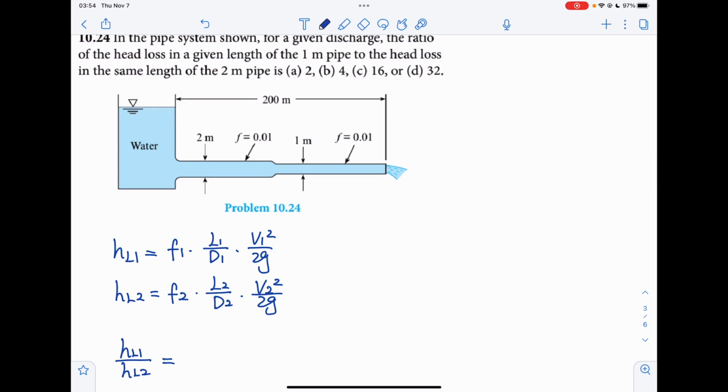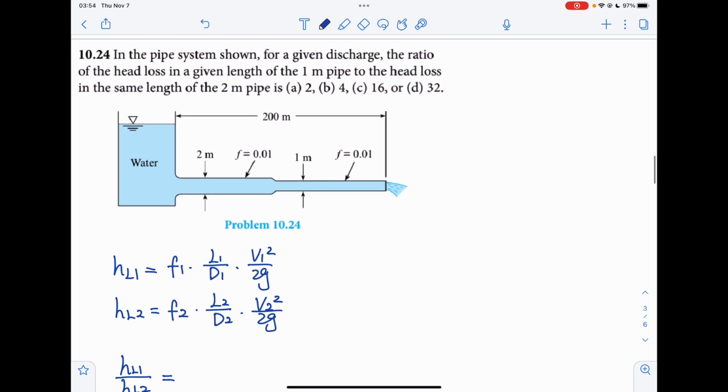From the figure, we can see the friction factor for both pipes is the same, which is 0.01, so in the ratio they cancel out. The length of the pipe is also the same, so the L terms will also cancel out.